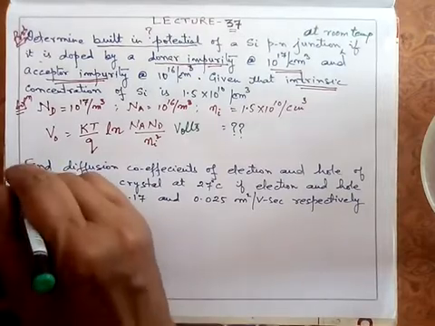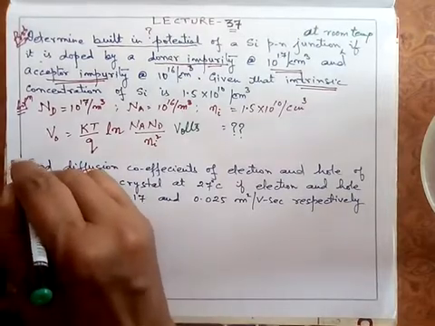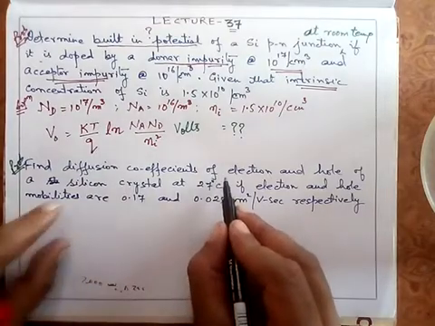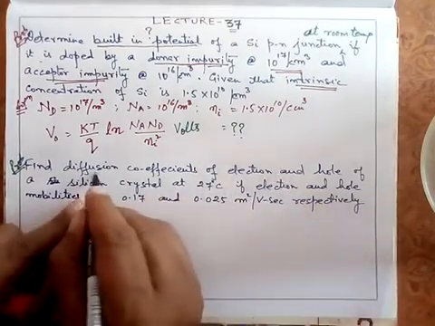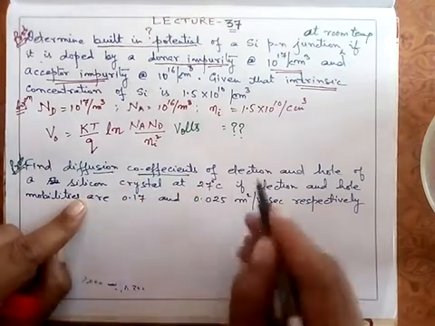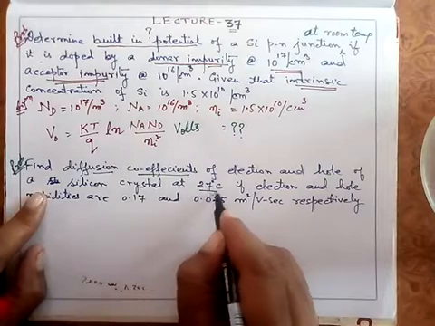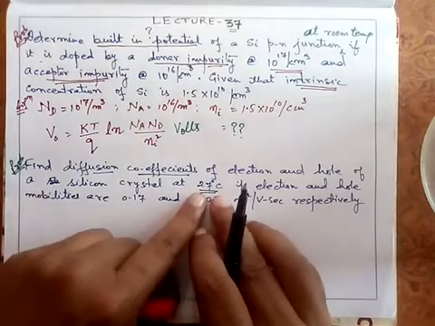Second problem. Find the diffusion coefficients of electron and hole of a silicon crystal at 27 degrees centigrade. Now here the temperature is given to you.